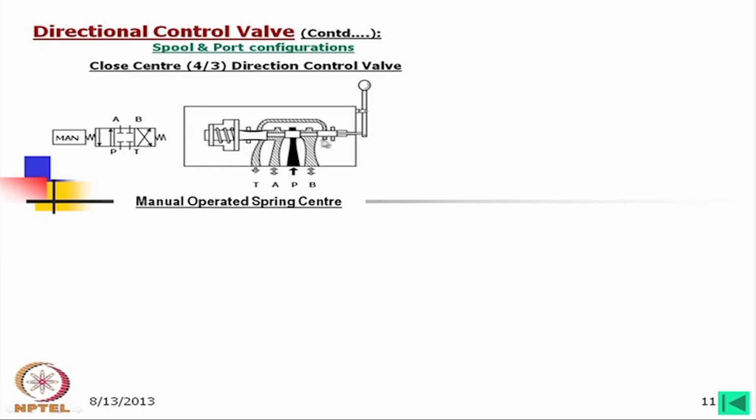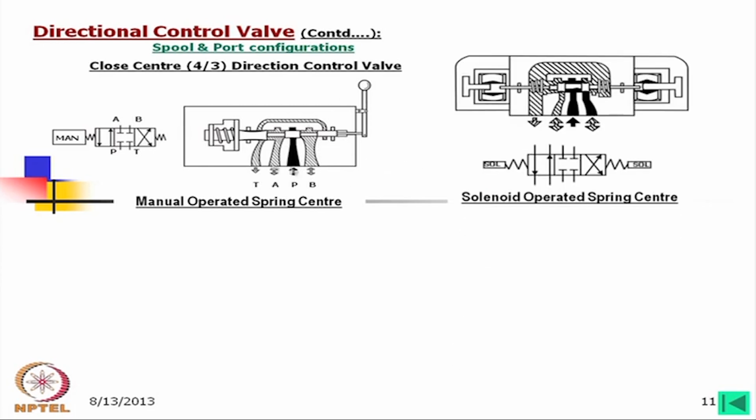On the other side, the spring is not shown here, but as it is called, this is a spring return, or it might be that on one side a spring is arranged in such a way that it will always come back to this neutral position. This is also possible. Only one spring is used, but it is arranged in such a way that whenever the lever is left, it will come back to its position.